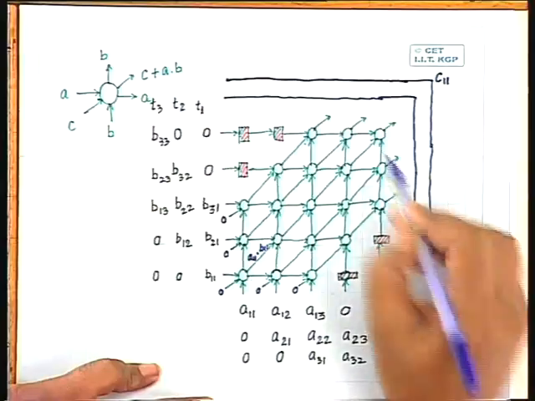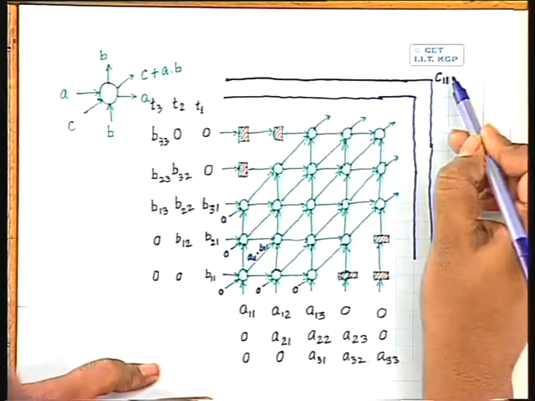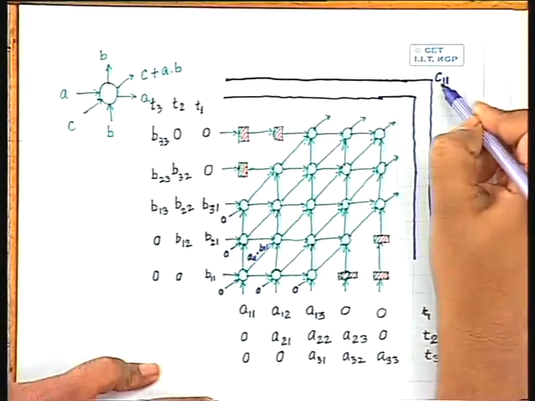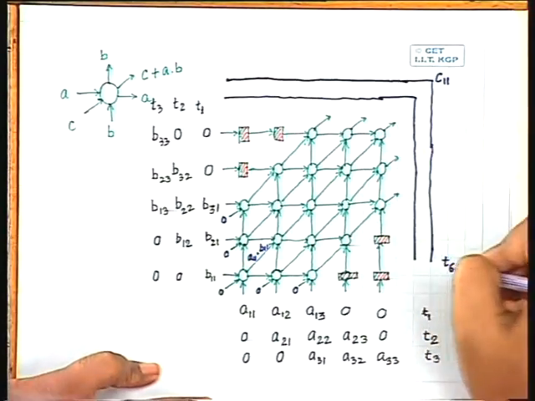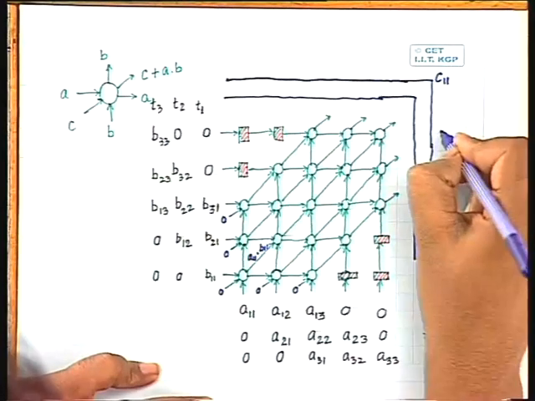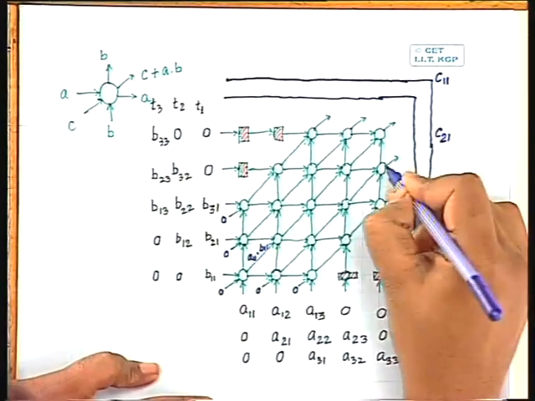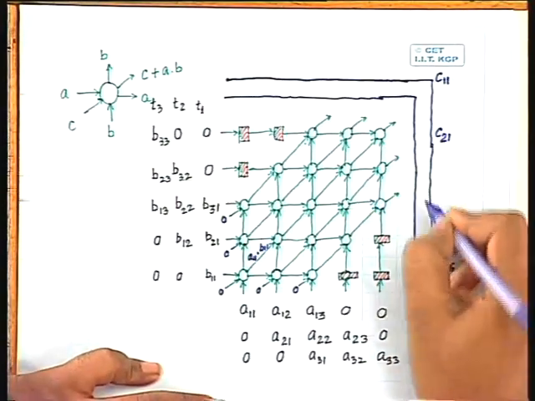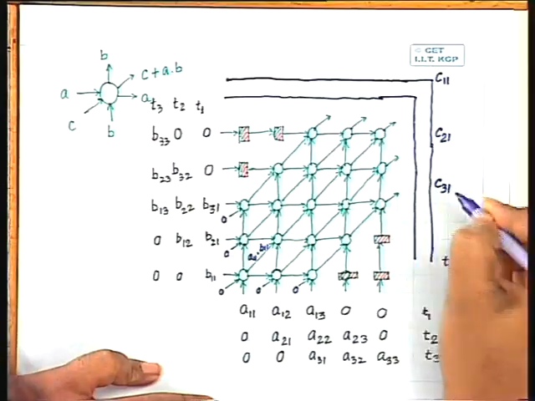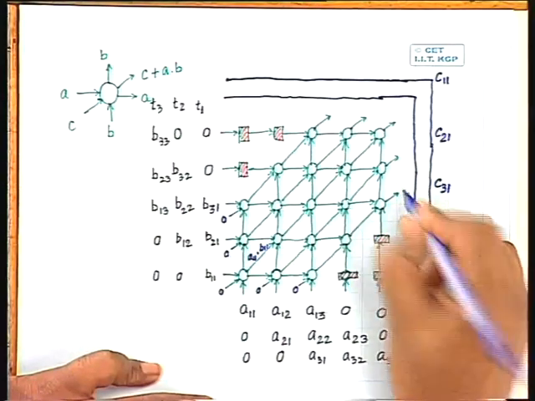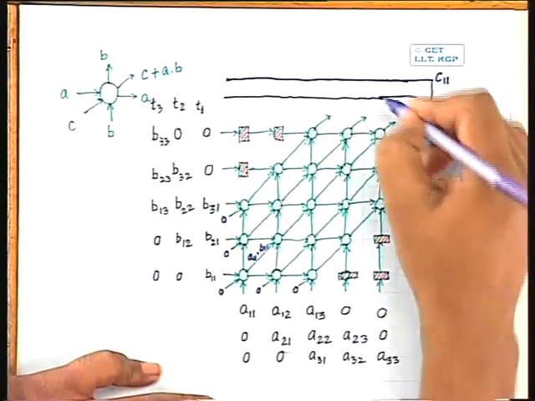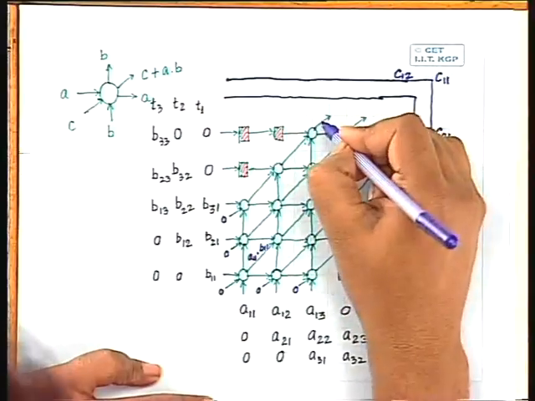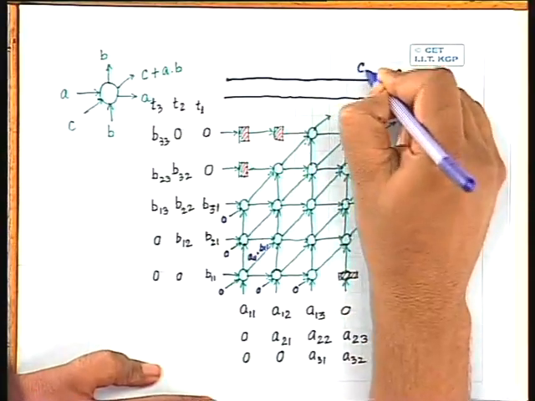C11. C11 will be outputted by this node. During time T6, I'll get C21, which will be outputted by this node in the diagonal direction. During the same time T6, I'll get C31, which will be outputted by this node. During the same time T6, this node will output C12, and this node will output C13.